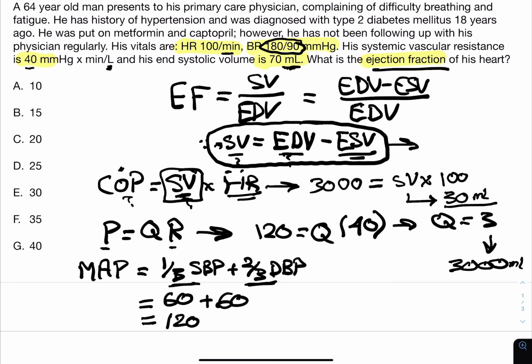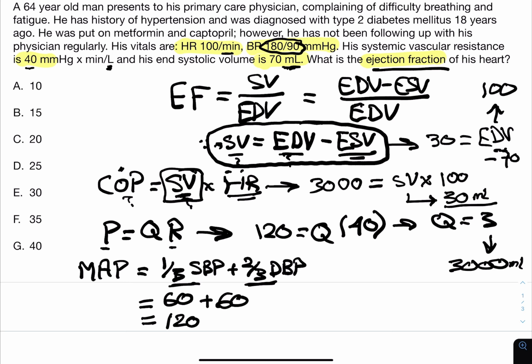So if we plug in the numbers, the stroke volume is 30. So EDV minus 70, sorry. This means the EDV is 100.